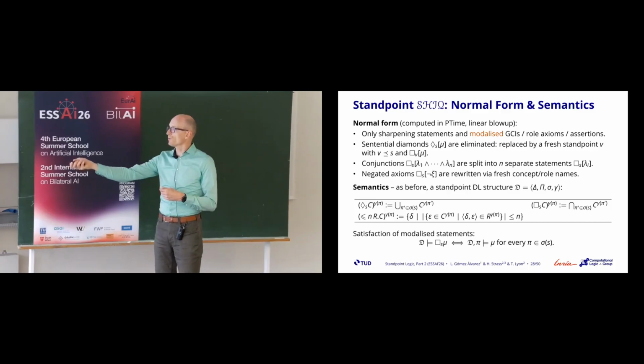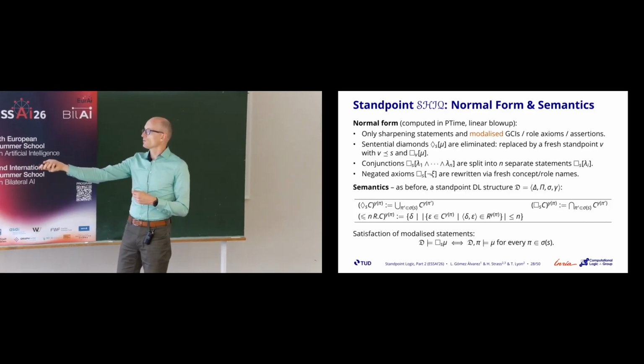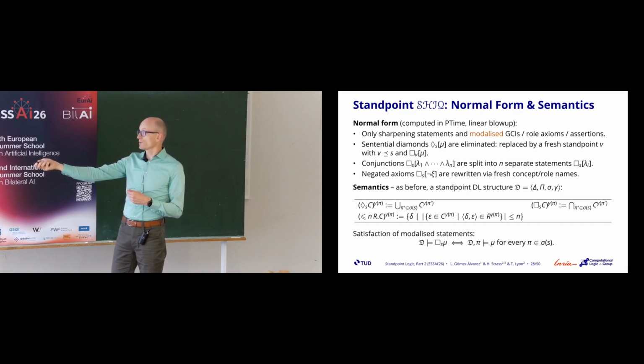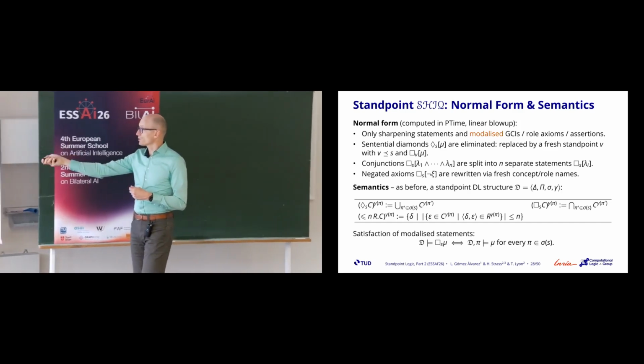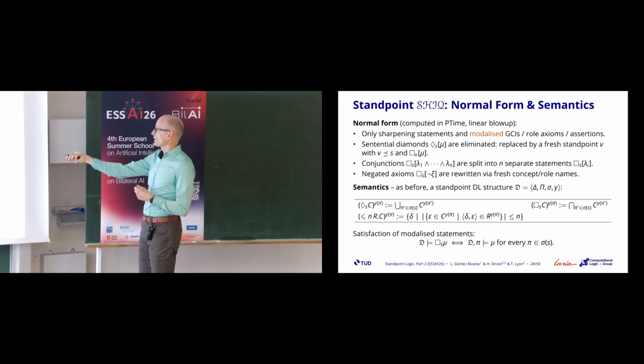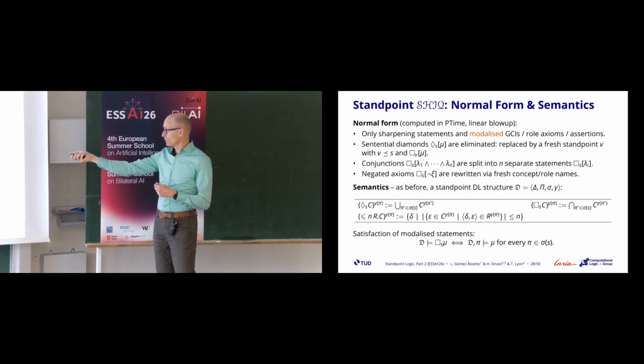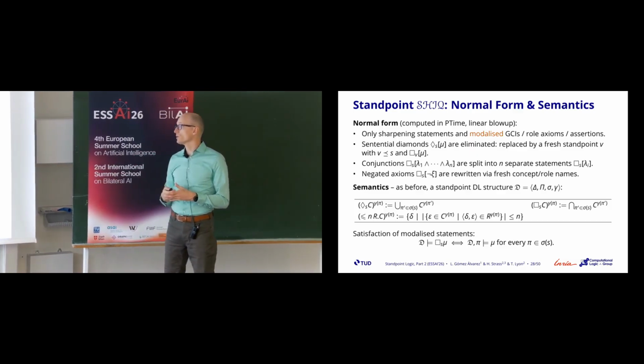Right? And as before, diamonds in front of concept names are interpreted by union. So you take all the individuals that are a C in some S precisification. Here you take the intersection, you take all the individuals that are C's in every S precisification.